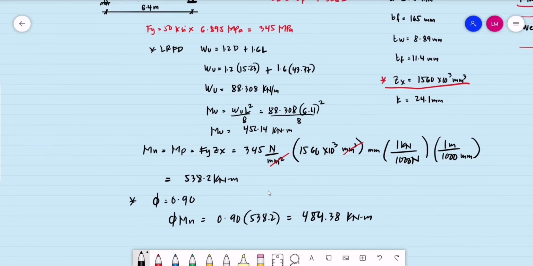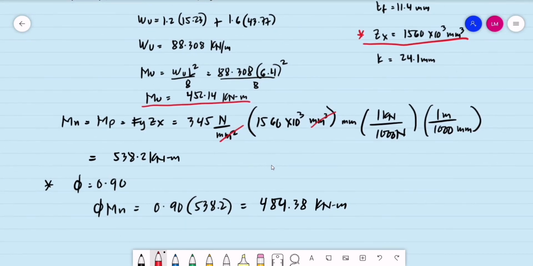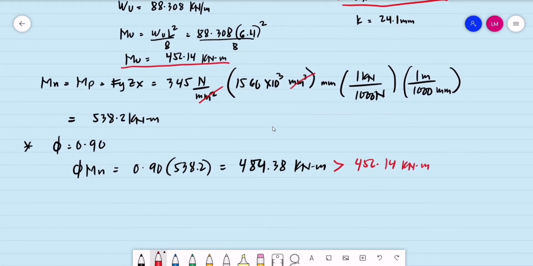So what is the ultimate value of our loading, M sub u? That is 452.14 kilonewton-meter. The capacity of our section is obviously greater than 452.14 kilonewton-meter. Therefore, we can now answer the question: is the W21 by 44 strong enough to support the given load?